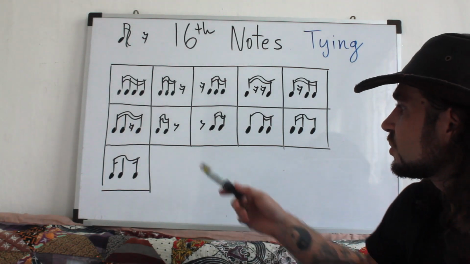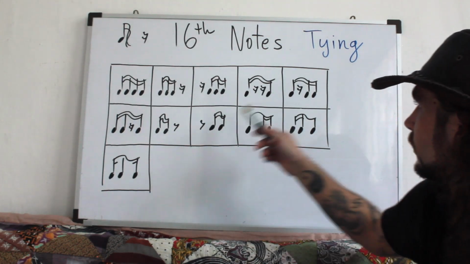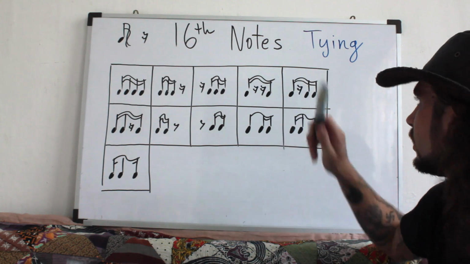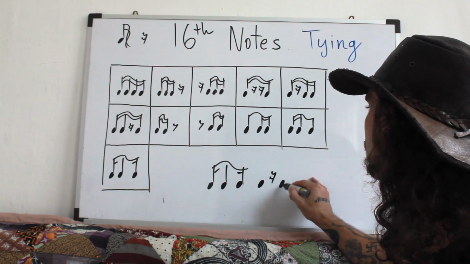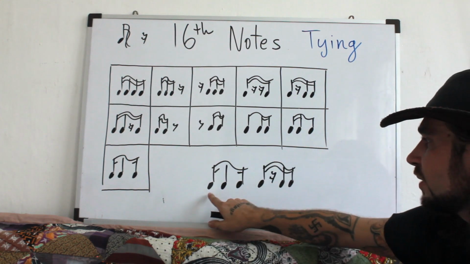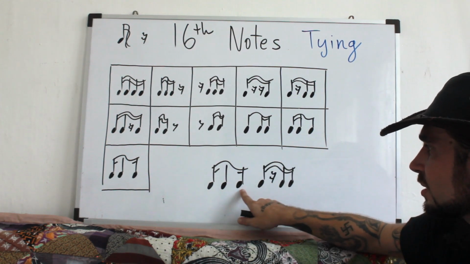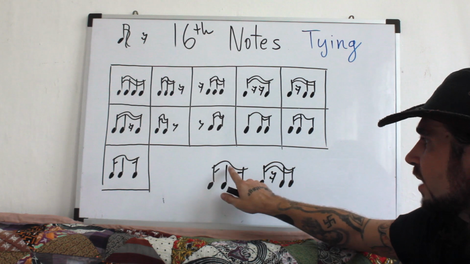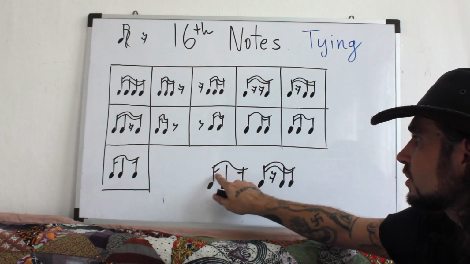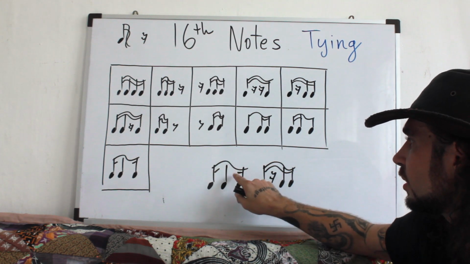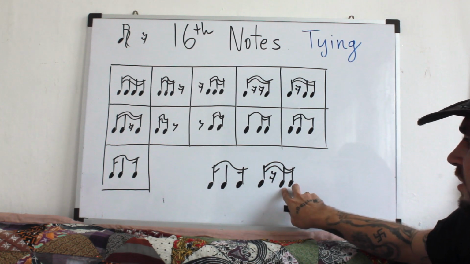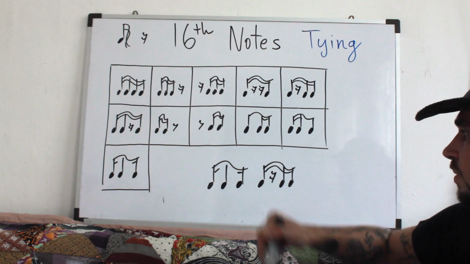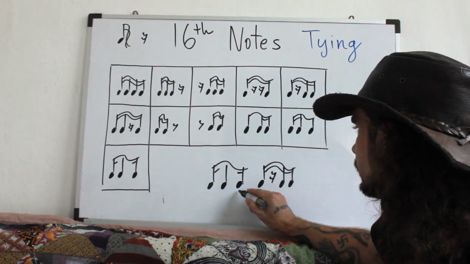All right, let's try this one with this one. All right, so we have a 16th with an eighth and a 16th. We know that because we haven't connected it here. So 2, then just the 1, and then 2 here. We have a 16th rest with 2 16ths. These are both 16ths, so we can connect them.